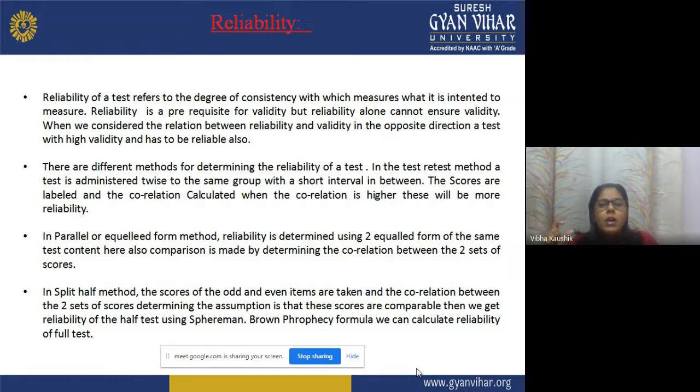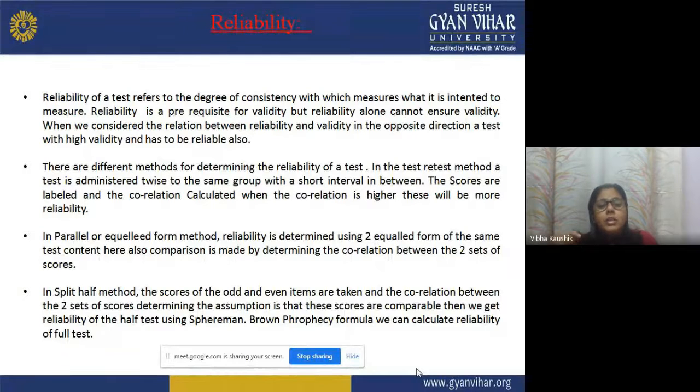For example, a short interval can be a gap of 15 days between administering test A and administering test B. The second thing is the same group, meaning the group on which you administered test A. On that group only you have to administer test B.